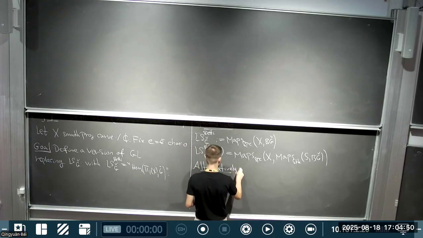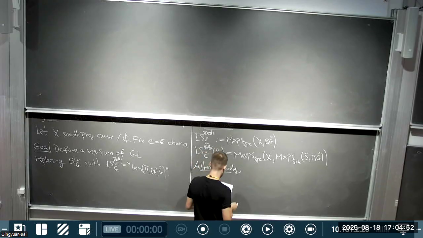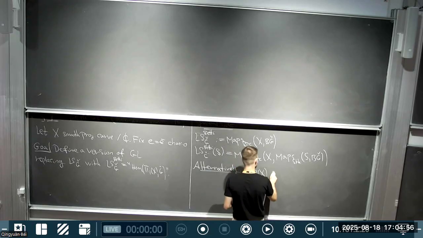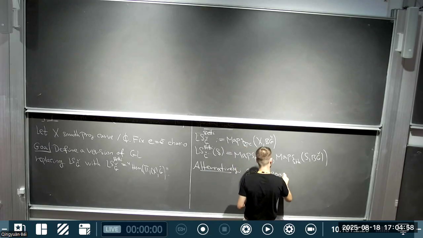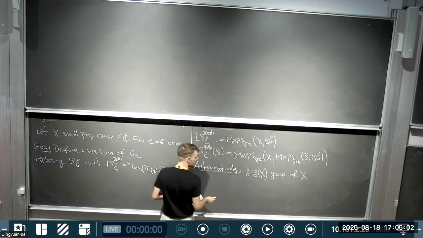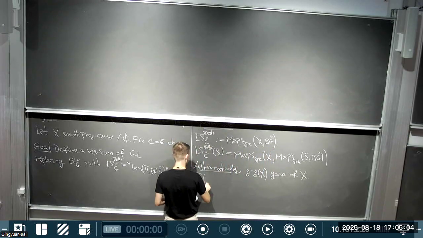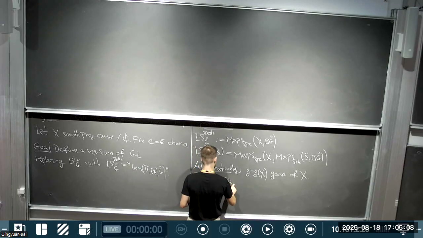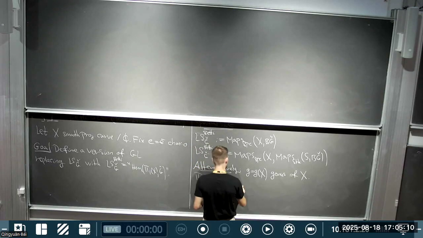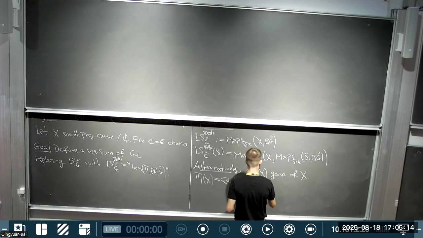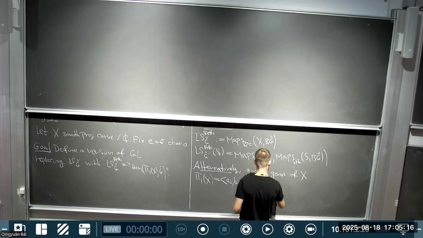So the following alternative presentation might be a bit better. Alternatively, let's write g for the genus of X. Then the fundamental group of X is generated by a_i, b_i for i going from 1 to g, such that their product of commutators is 1.